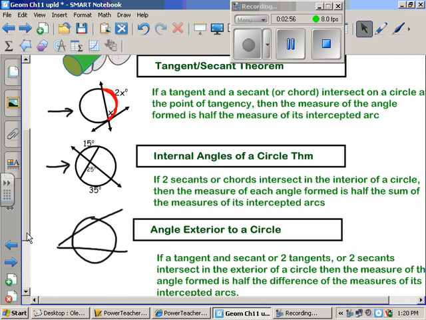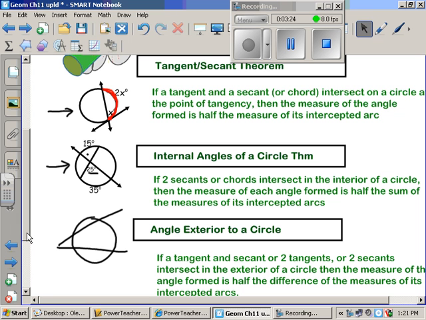If the angle is inside the circle, like here, this 25, it's two chords or a chord and a secant intersecting. Then the measure of each angle, because obviously these are going to be the same since they're vertical angles, is half the sum of their intercepted arcs.